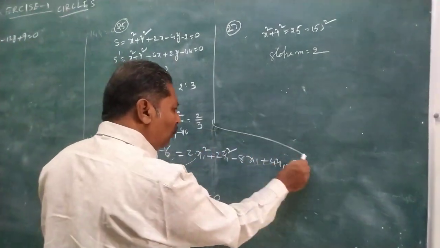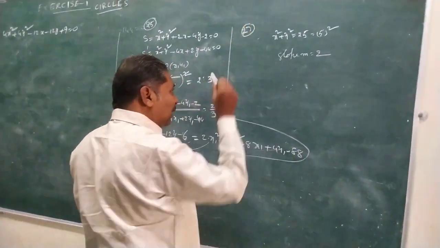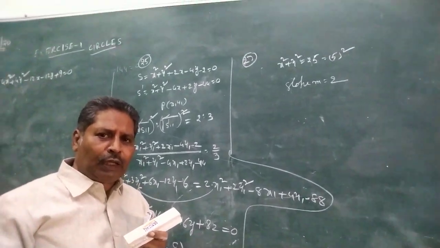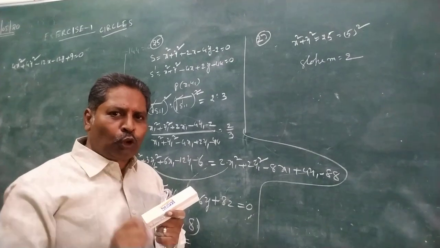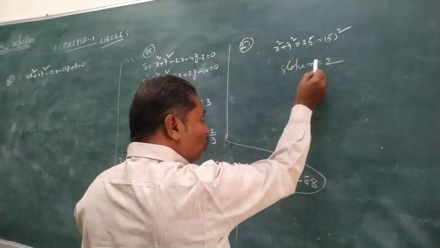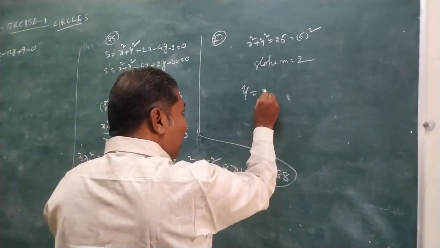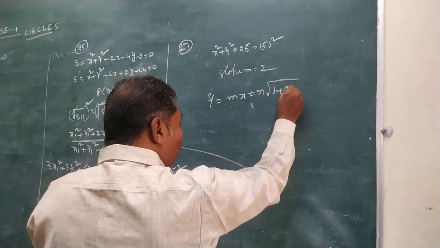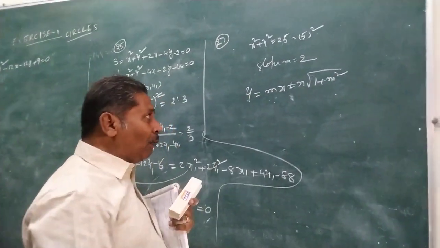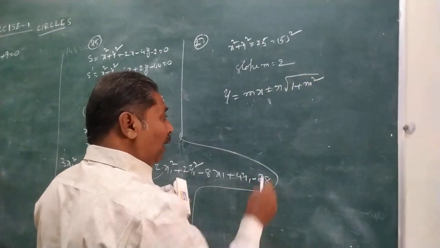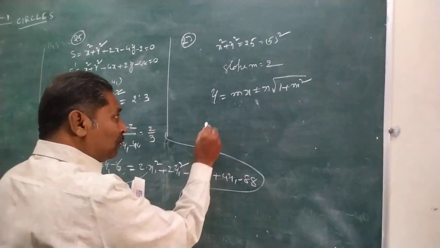Next, bit number 27. We want the equation of the tangent in slope form. Given slope m is 2. So the equation of the tangent in slope form is y equals mx plus or minus r into root of 1 plus m square.